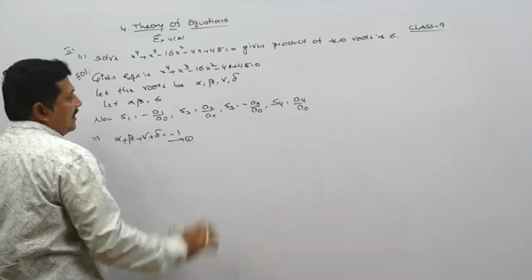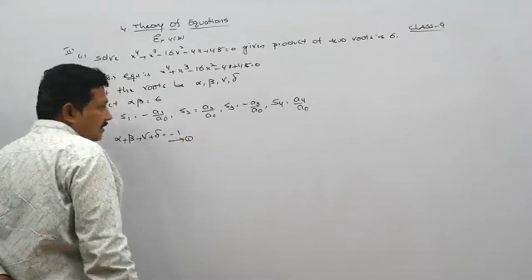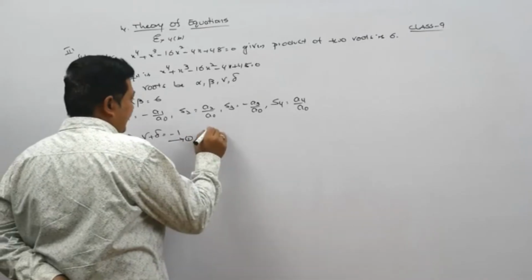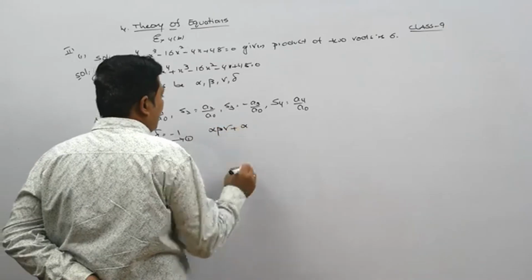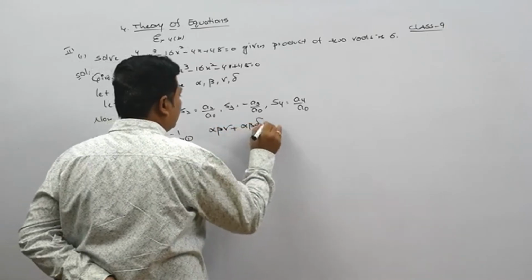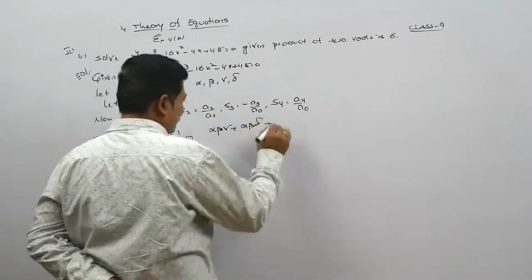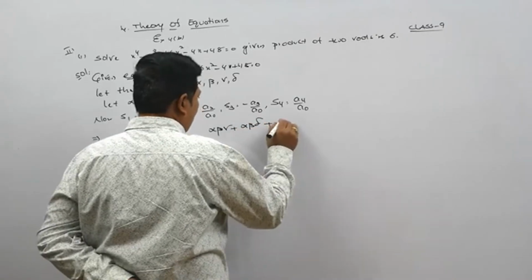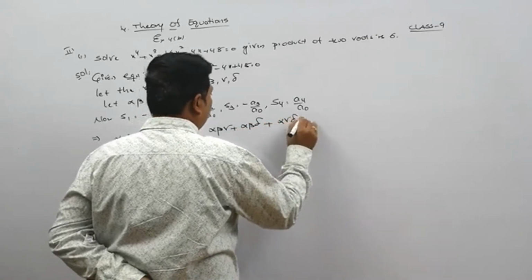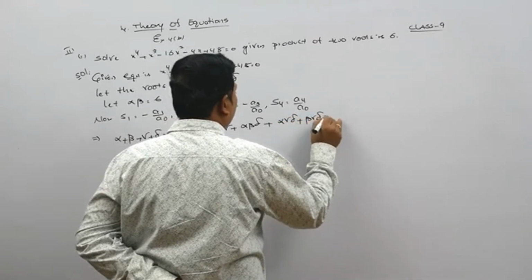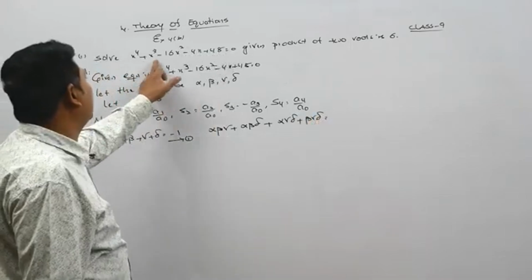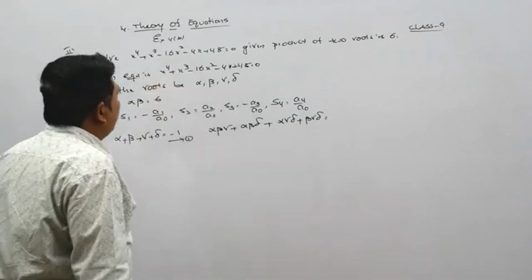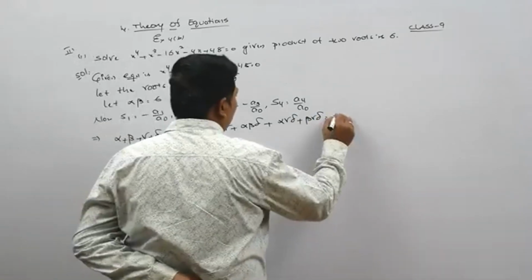So no need to write S2. Let's write S3, so 3 taken at a time. Write here alpha beta gamma plus alpha beta delta plus alpha gamma delta plus beta gamma delta is equal to minus A3 by A0. So A0, A1, A2, A3, so minus of minus 4.